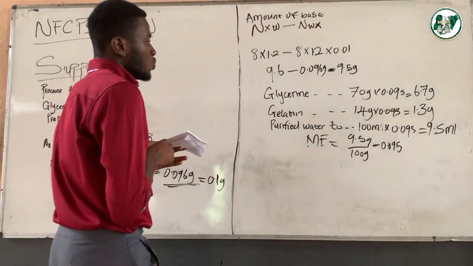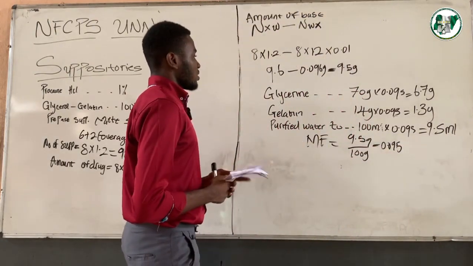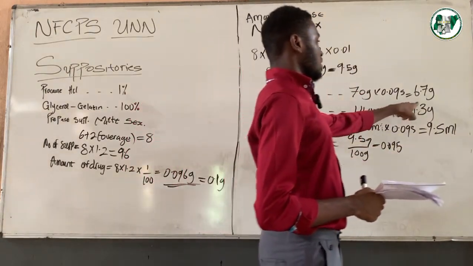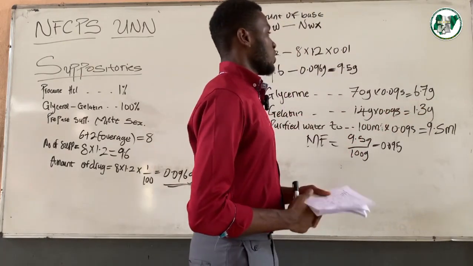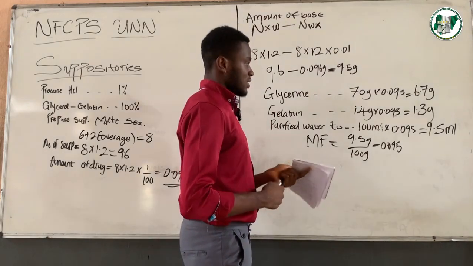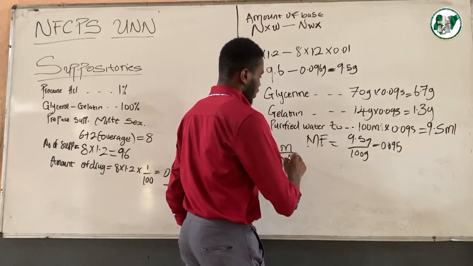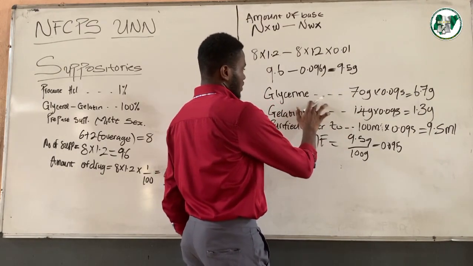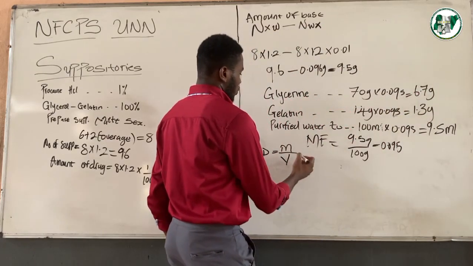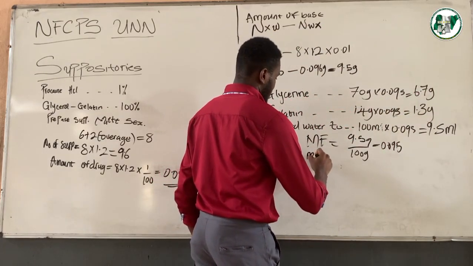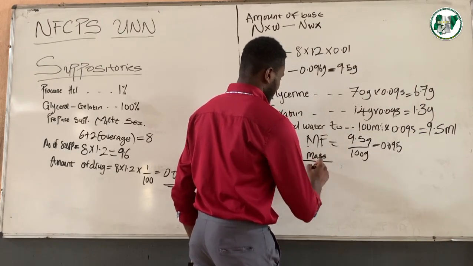So how do we prepare this preparation? What we're going to be doing now: glycerin is a liquid, and what we are getting here is 6.7 gram. Because it's a liquid, when we use our formula for density, which is mass over volume, we are trying to convert this gram to volume. So volume is going to be mass over density.